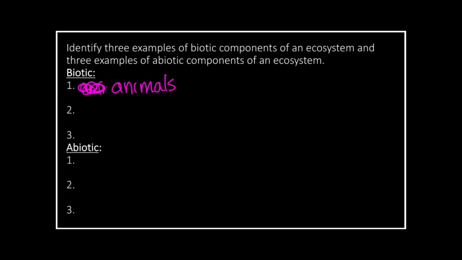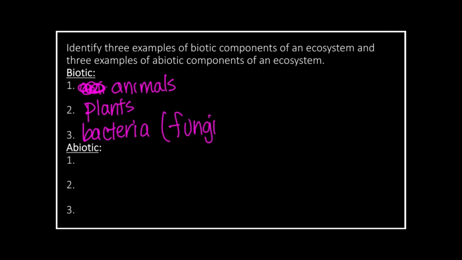So the ones we typically use are, geez, I can't even spell animals today. Animals, plants, bacteria, and I'm going to use fungi too because they're also living, and that'll cover basically almost all of our bases. And then things that are not living are soil.